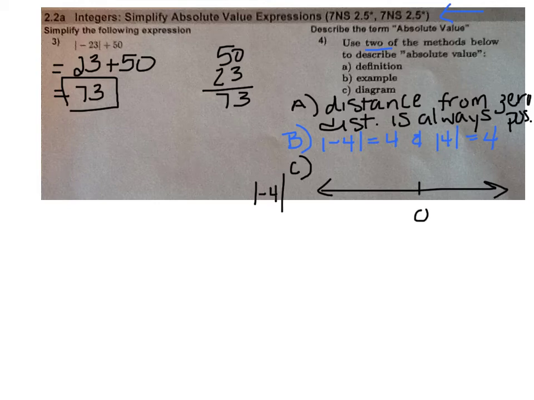And I would show 0, and I'd show negative 4. And then I would show some hops to show the distance. Okay? And say equal to 4. All right, so those are the 3 different ways to answer the problem. If you can come up with a different diagram, that's fine with me.